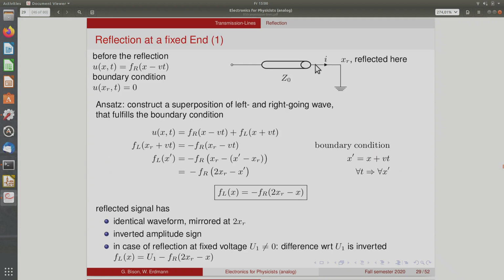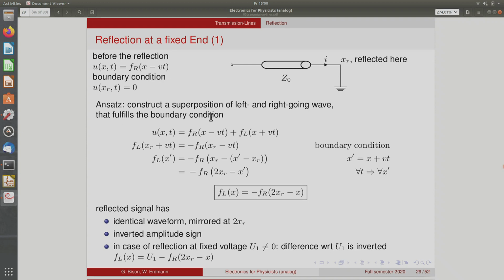Okay. So let's look at the reflection at a fixed end. So we have a signal coming from here, and we fix the output at the end. So the voltage is constant here, but there's no constraint on the current. So the signal coming in at the reflection point is given by the shape of our traveling wave. We have a wave traveling from left to right, so it's a function of x minus vt.